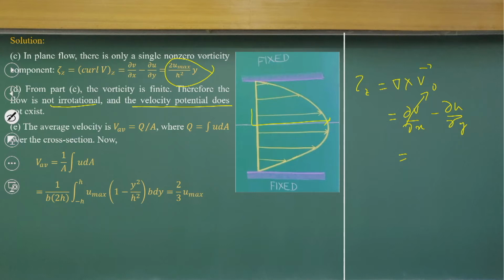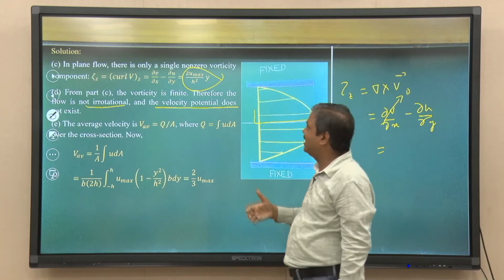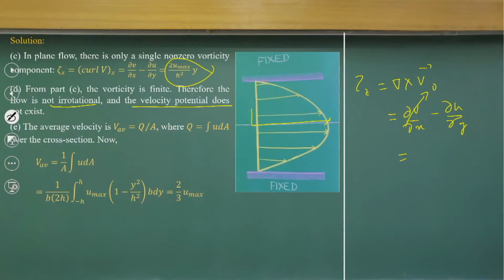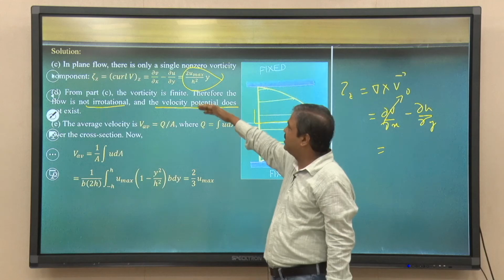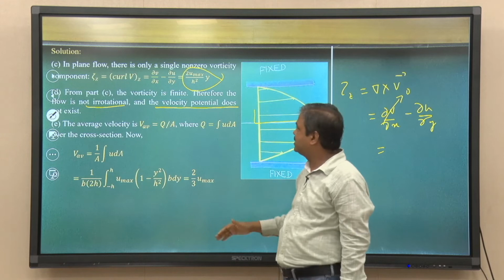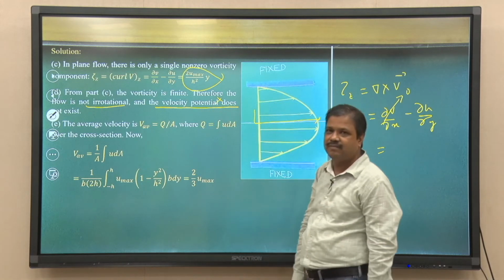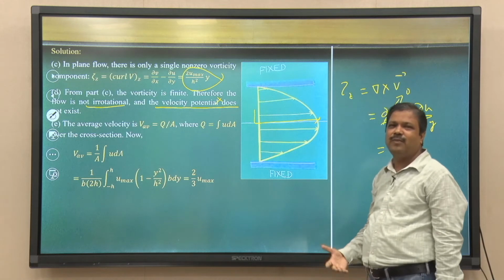So, that is the comprehensive idea of fluid mechanics. You have to estimate the vorticity. If the vorticity vector were 0, we could compute the velocity potential function, but in this case we cannot. Then you have to compute the average velocity.